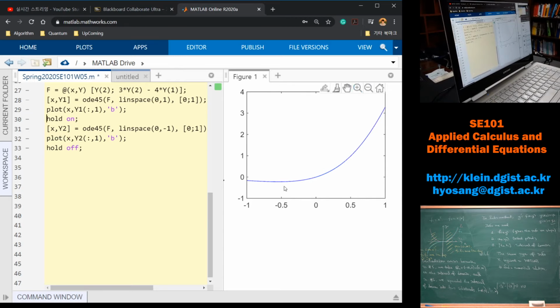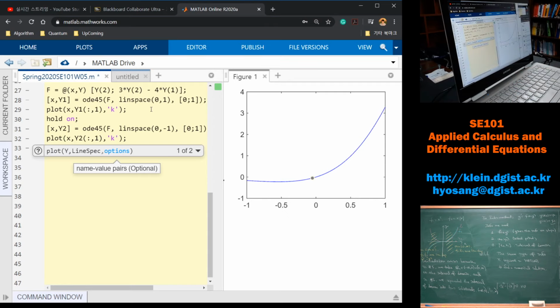Your graph now looks like one graph, but actually this is the set of two graphs, one starting from 0 and the other starting from 0 to -1. If you want another color, there are other options. If you put K, and K stands for black, the graph is now colored in black.